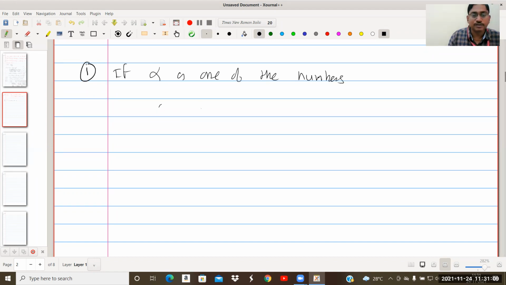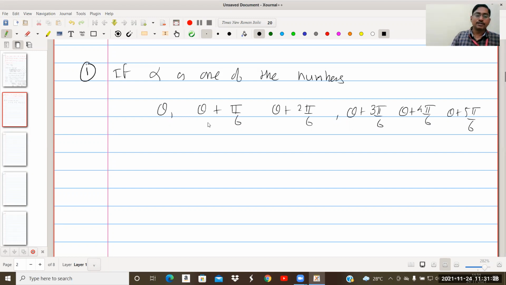It may be θ, it may be θ plus π/6, it may be θ plus 2π/6. I'm not writing this as π/3. Then θ plus 3π/6, θ plus 4π/6, and θ plus 5π/6. These are the 6 values of alpha. So alpha equal to this, alpha equal to that, and so on.